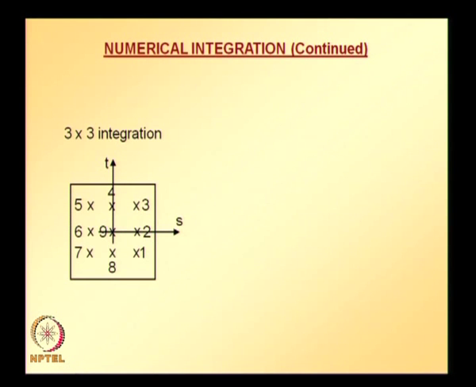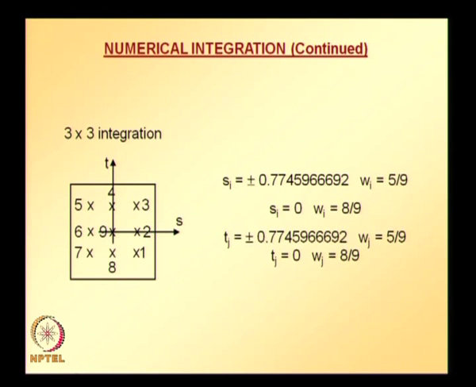Similarly, for 3 by 3 integration, from the table read out the coordinates of the integration points in the s direction and the corresponding weights. Same thing you can repeat for the t direction. If there are 3 points in the t direction as well, the coordinates of the integration points in the s direction will be the same as in the t direction.